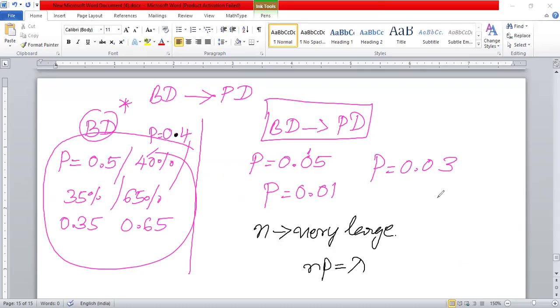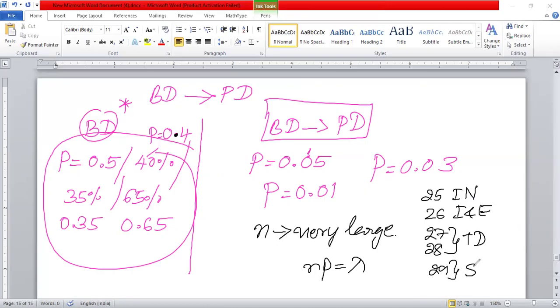And finally, question number 25, index number. Question number 26, interpolation, extrapolation. Question number 27, 28, theoretical distribution. Question number 29, statistical inference. Question number 30, 31, OR. The first two and last two, many people know, but you should write the extra question, that is question number 27, 28.